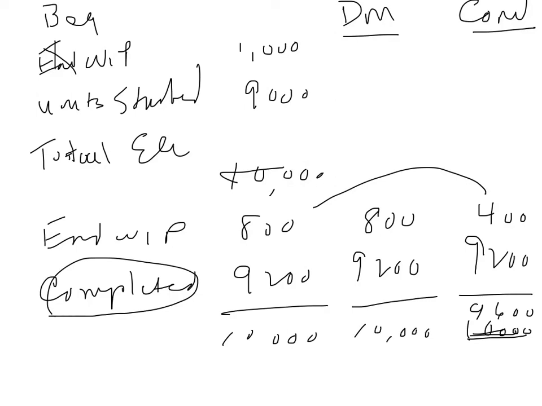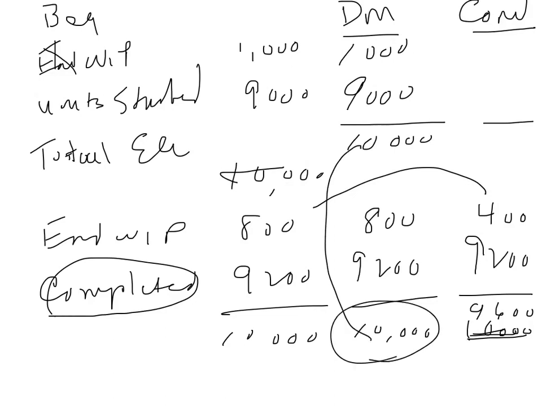On the upper portion here, our units started was 9,000. Direct materials is 1,000. So it equals 10,000. These two have to equal, and they do. We are told that our beginning WIP, from a conversion standpoint, is 40%.